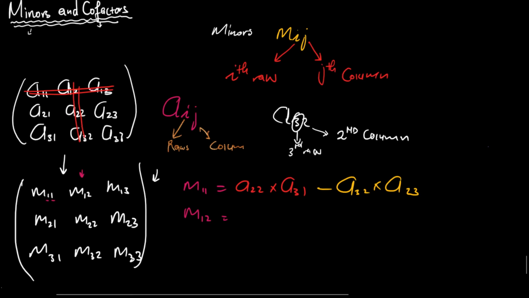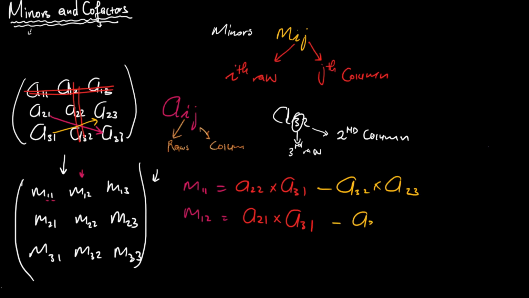What is left we just cross multiply. So we have A21 times A33, and then we subtract the product of the other diagonal, A31 times A23. So you can notice how simple this is.